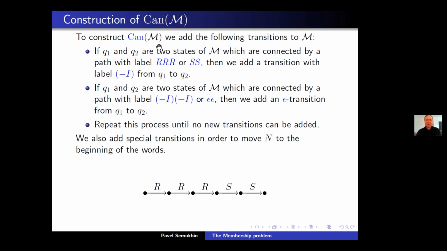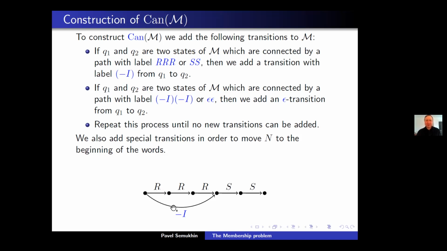To construct this can of M, we take the automaton M and we add new transitions to it in the following way. If we have a path from one state to another in M, which is labeled by, say, RRR, then we add a transition from one state to another with label minus identity, because R cube is equal to minus identity.